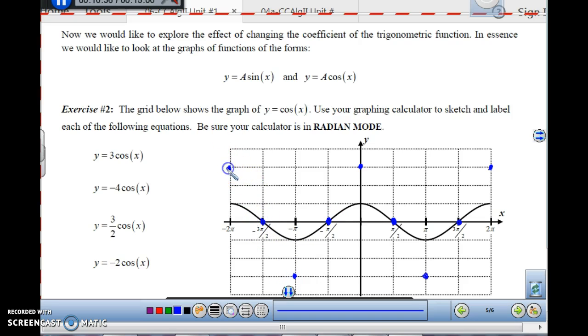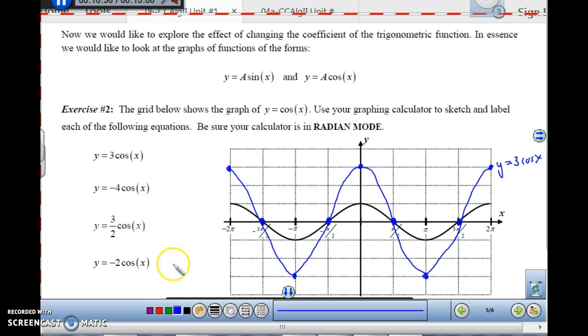So my graph would look like this. And I draw my curves neatly. Okay, so it's the same graph. We have just made it bigger. Okay, so this is y equals 3 cosine x. So we have increased basically what's called the amplitude of the graph.